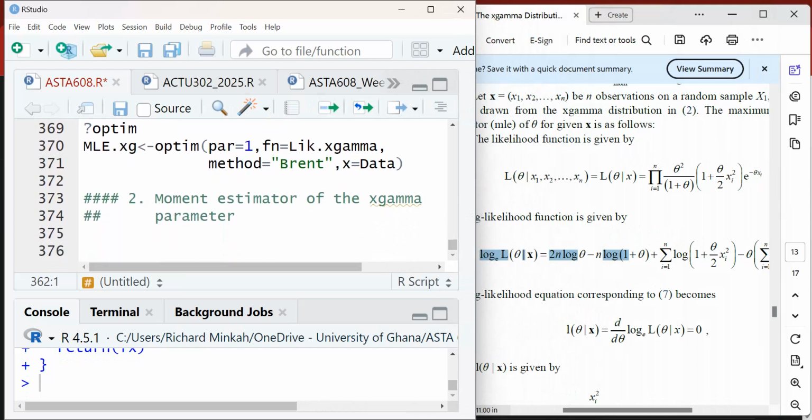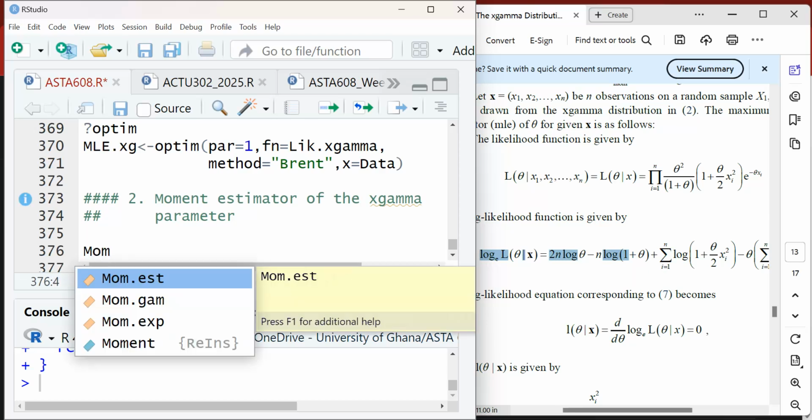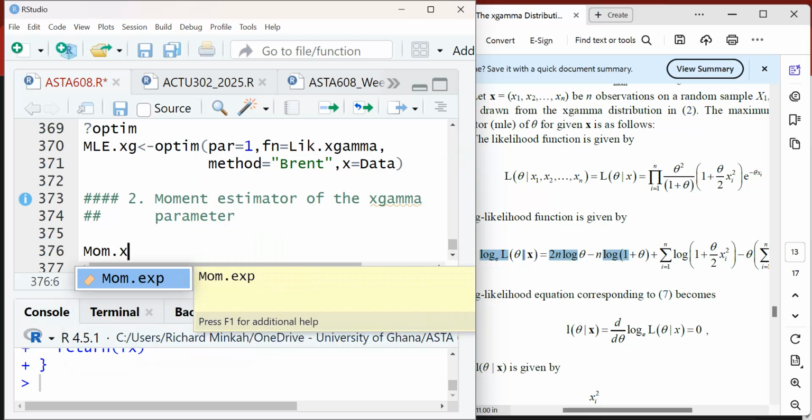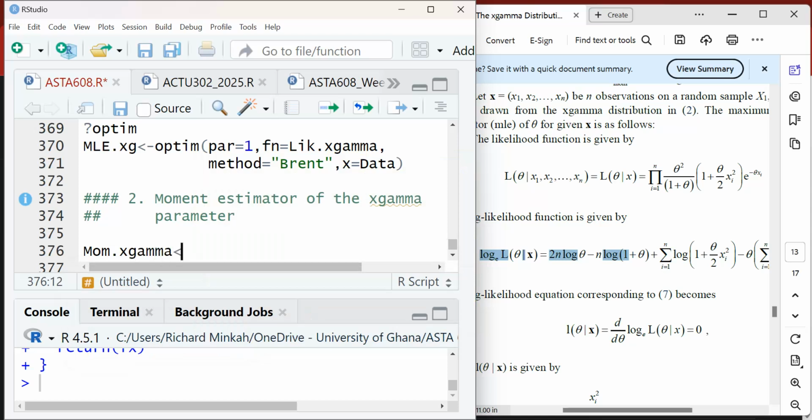Okay, so now we are going to find the moment estimator. We are calling it momSgamma. You see the way I'm naming the functions, it tells you what it is up to.